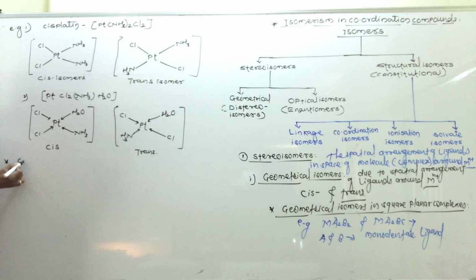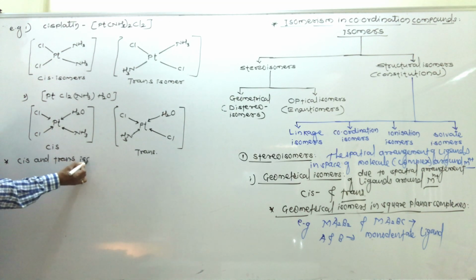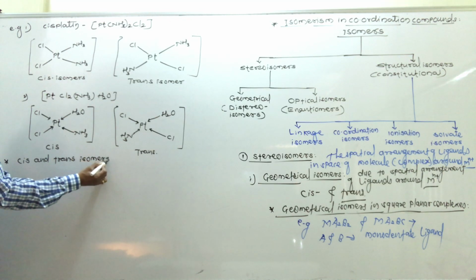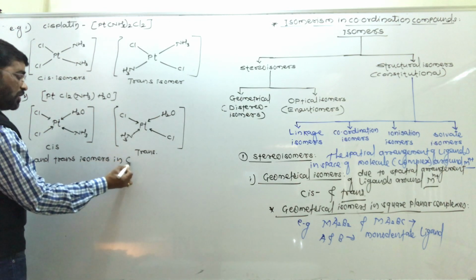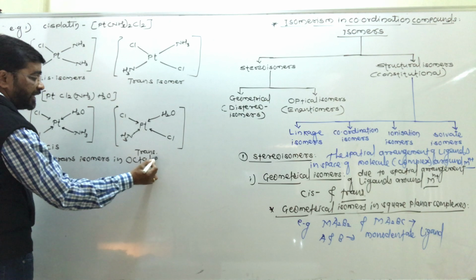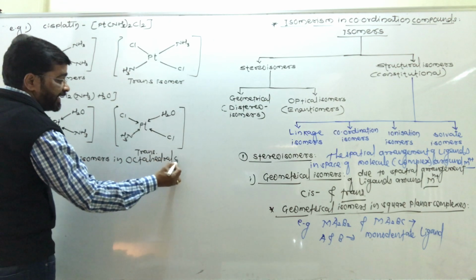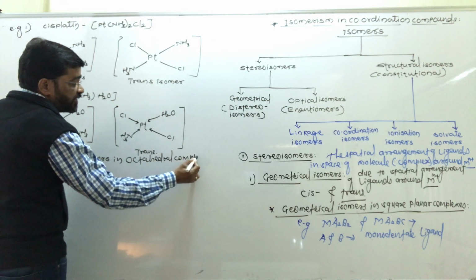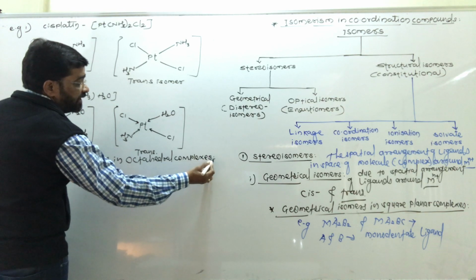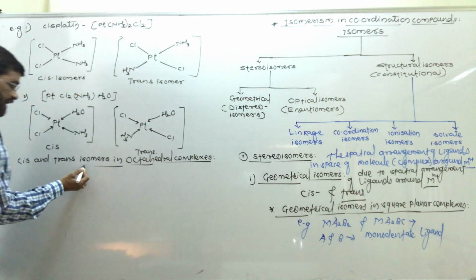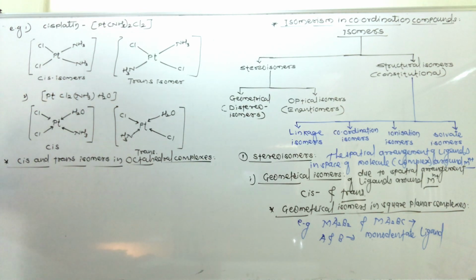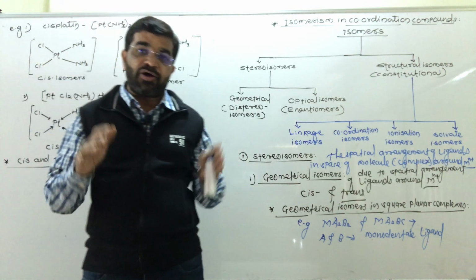Next point, cis and trans isomers in octahedral complexes. So that we have to study. Now octahedral complexes are of various types.